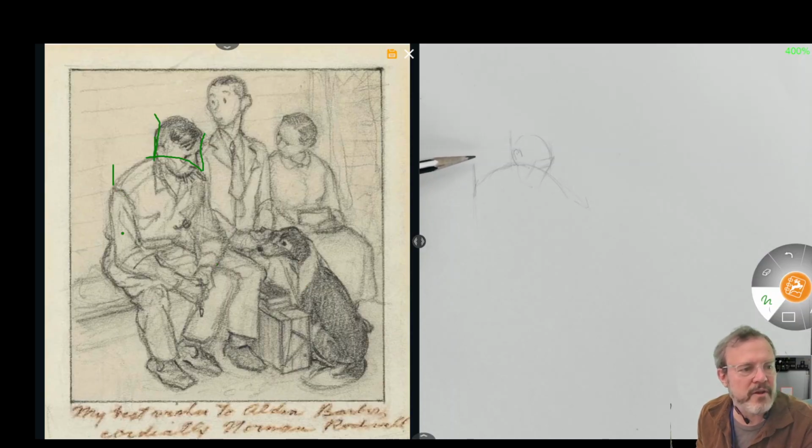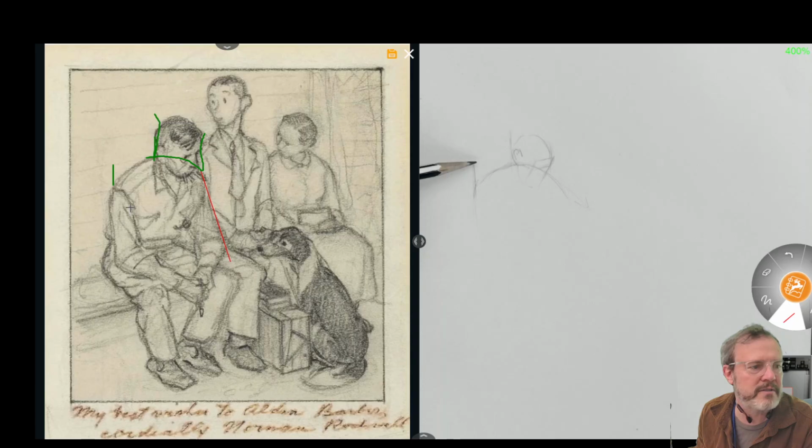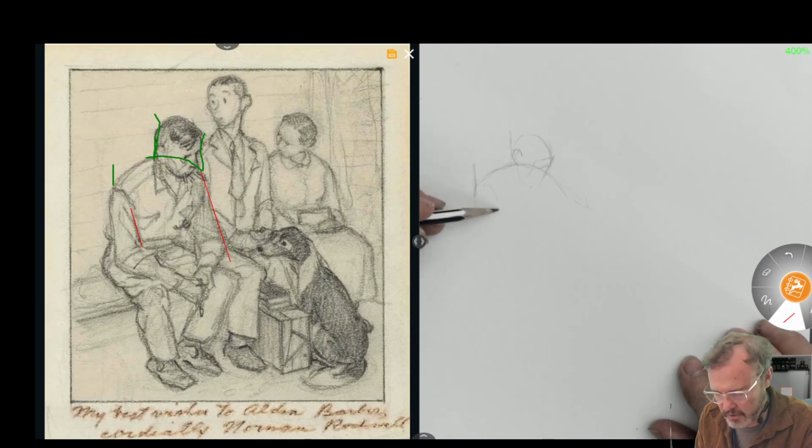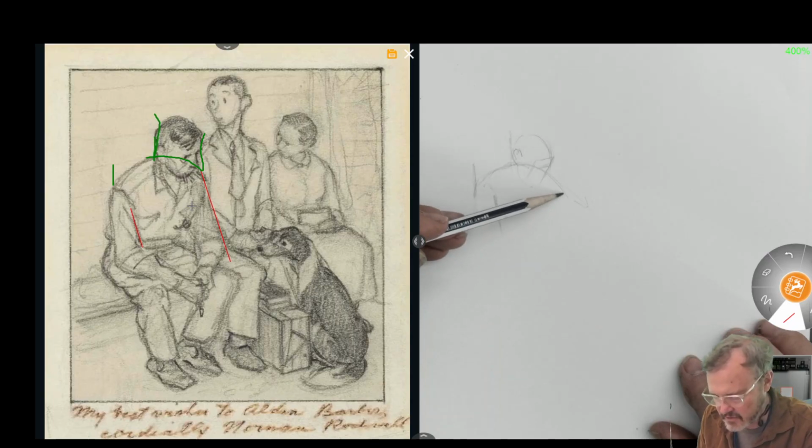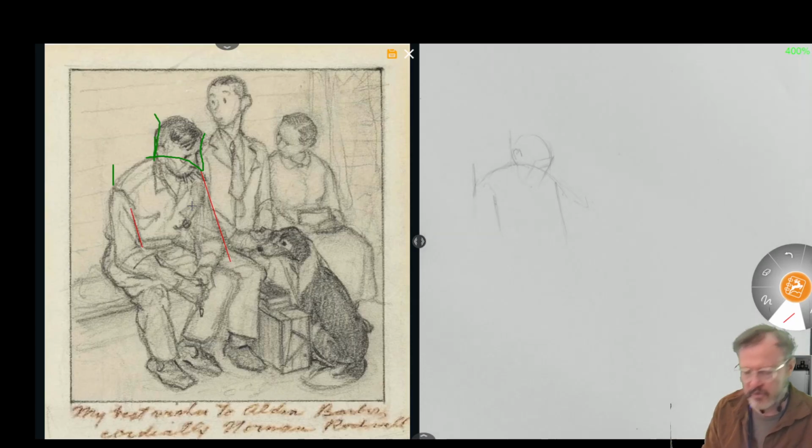One thing we haven't talked about a lot this year is the way artists often repeat angles. And if you learn to look for these repeating angles, it's going to improve your drawing process. So we can see there's a slight forward angle to the upper arm that's answered on the other side by a similar angle over here.